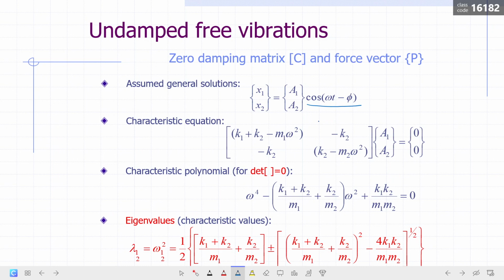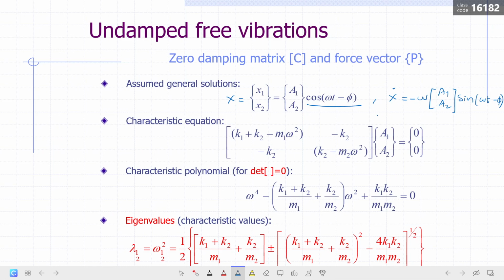Then we take the time derivative. This one is capital H, and then we find H dot should be omega times A1 A2, derivative of cosine should be minus sine omega t minus phi, right?